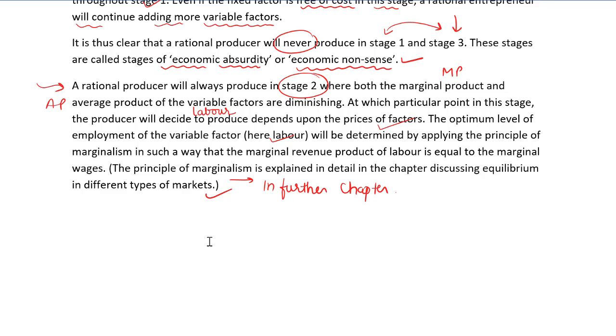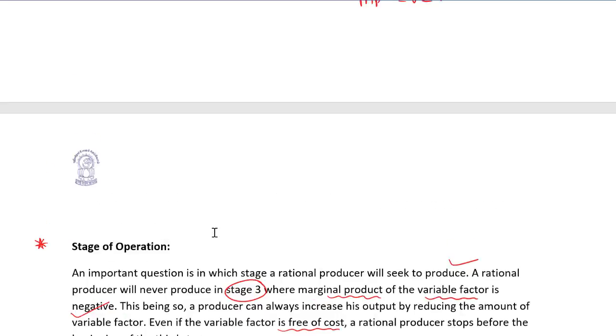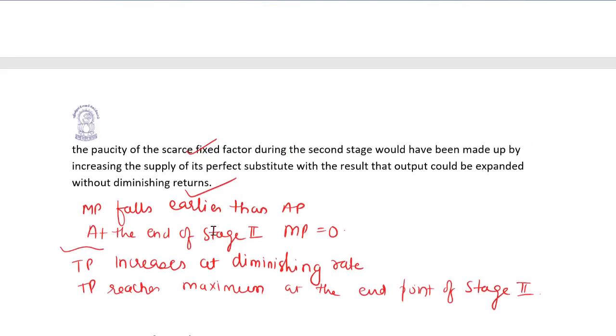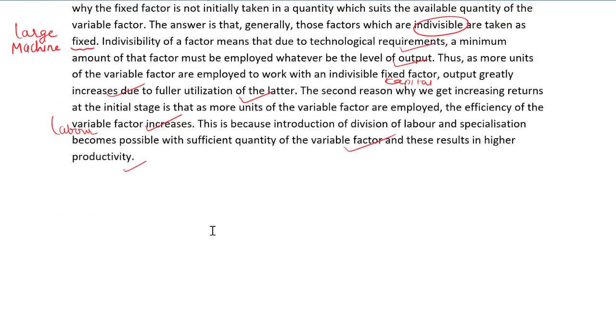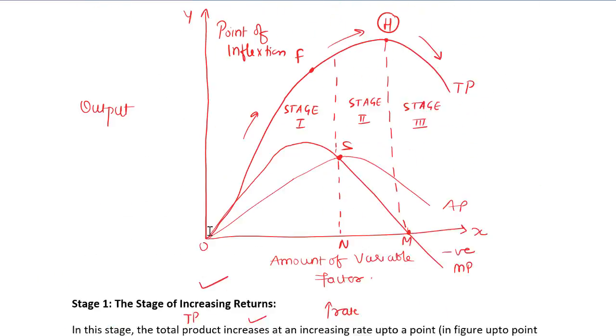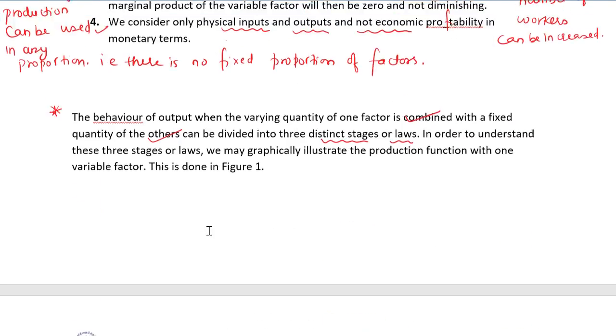I hope you understood. Fine. So students, what have we done in today's class? In today's class, we have learnt about the law of variable proportion, that is diminishing return. There are 3 stages. Stage 1, law of increasing return. Stage 2, law of diminishing return.